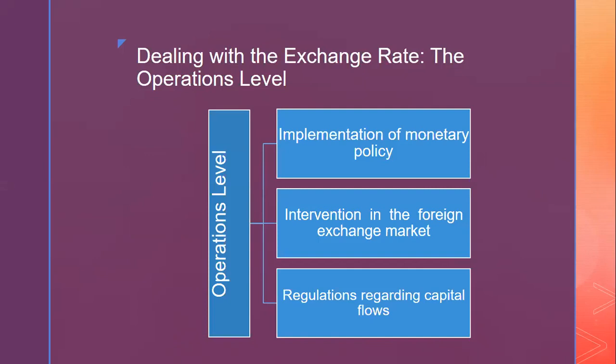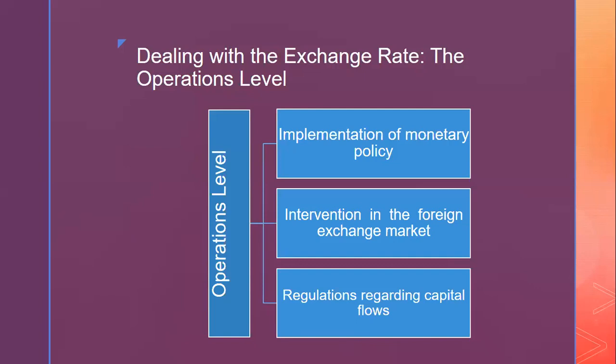Now, the macro level we have completed. Now we are going to start the operational level. Under the operational level, how does the central bank deal with the exchange rate? Basically there are three ways that the central bank deals with the exchange rate under the operational level.